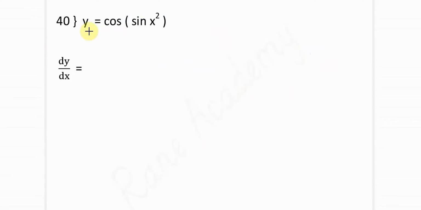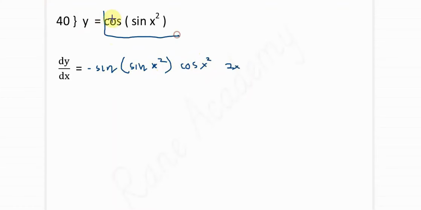Question number 40. Y is equal to cos of sine of x square. So it is comparable to the form cos x. Derivative of cos x is minus sine x. So we have cos of sine of x square is minus sine of sine x square, and inside we have a function sine of x square whose derivative is cos of x square, and again we have an inner function, that is x square, whose derivative is 2x.